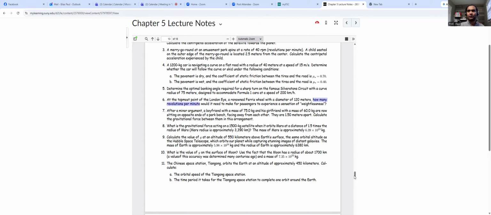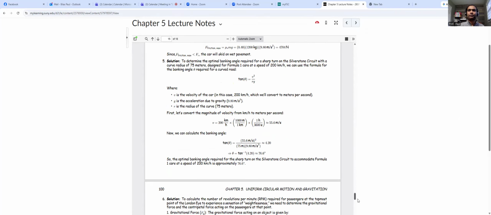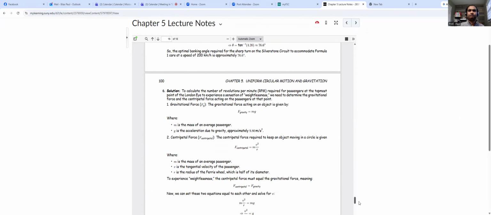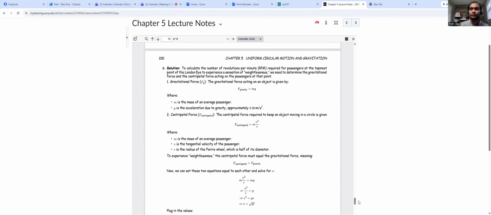Now let's go to the solution. Let's say this is our Ferris wheel. The topmost point is here. To feel the sensation of weightlessness, normal force needs to be equal to 0. So if normal force is equal to 0 for weightlessness, now we have only one force, that is mg, and it is toward the center.